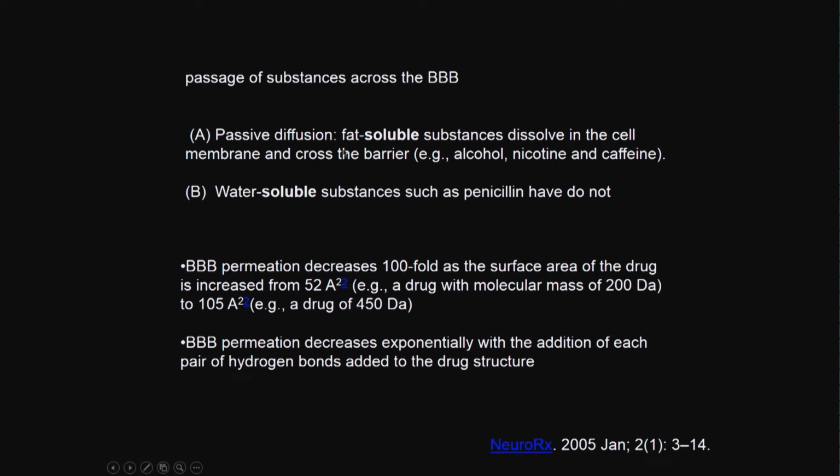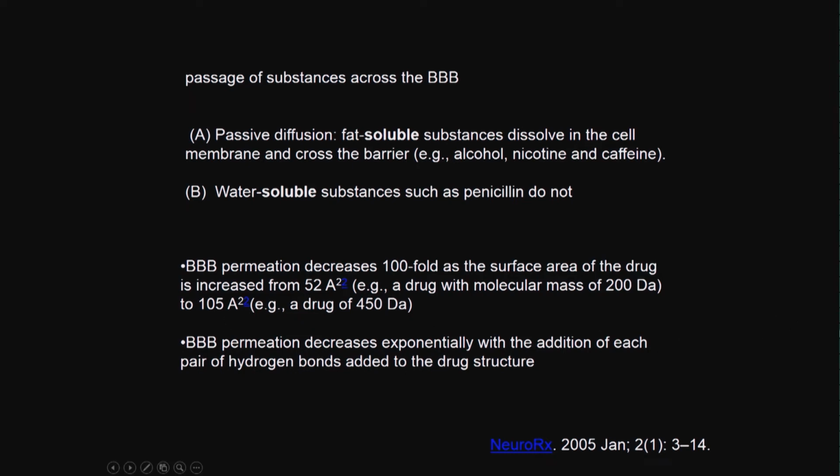Like I said, passive diffusion: fat soluble substances dissolve in the cell membrane and cross the blood brain barrier. Examples are alcohol, nicotine, caffeine; if it gets dissolved in the fat, it can go. Water soluble substances such as penicillin do not. BBB permeation decreases 100-fold as the surface area of the drug is increased from 52 angstroms to 105 angstroms.